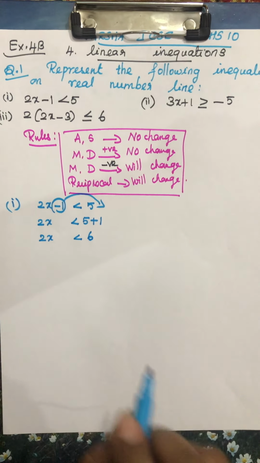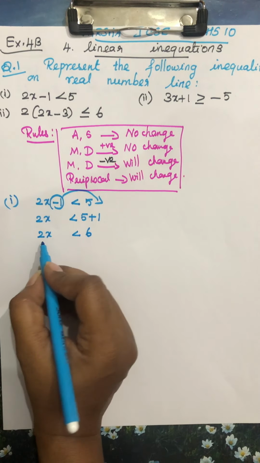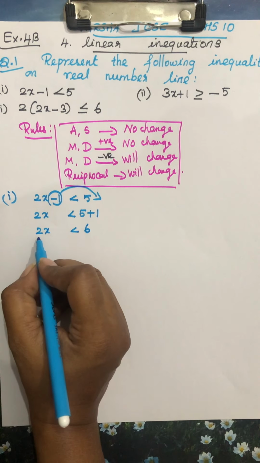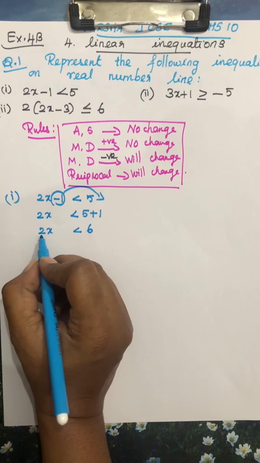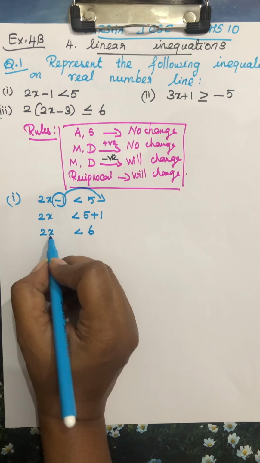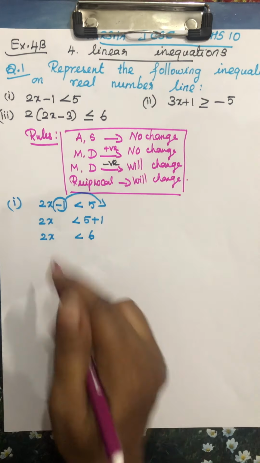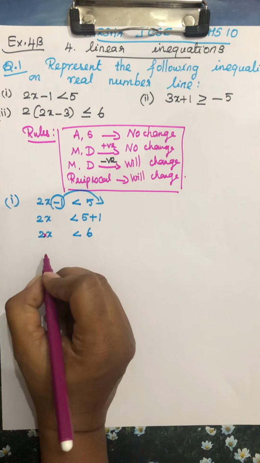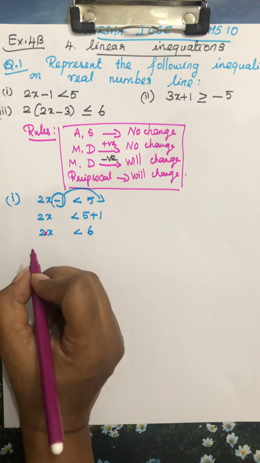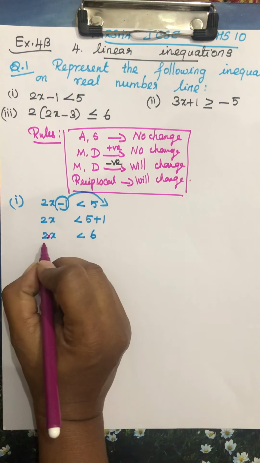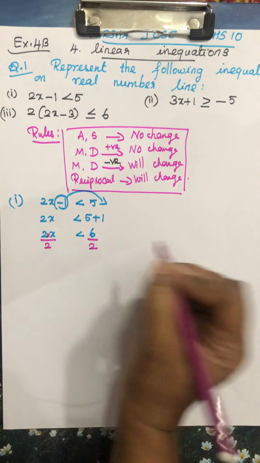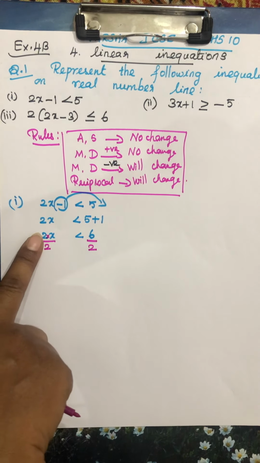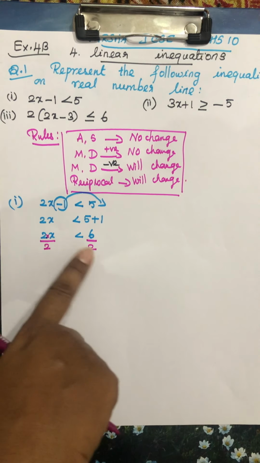Now I am going to eliminate this 2. Before that, you have to know the relationship between 2 and x. This is multiplication, 2 into x. So to eliminate 2, I have to divide by 2, here also by 2. When you divide the LHS, you have to do the RHS also.